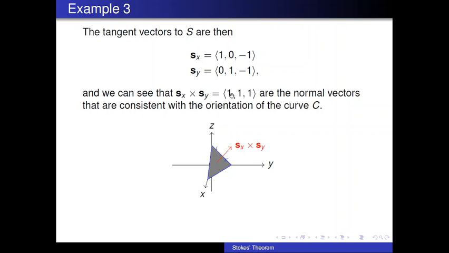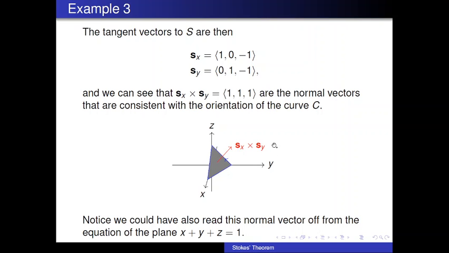We get this vector here, (1, 1, 1). That's the normal vector that is consistent with our orientation. If you're moving by the right-hand rule, with your fingers in the direction of this blue curve so that they curl inwards towards the gray surface, your thumb will point in the direction of these normal vectors, s sub x cross s sub y.